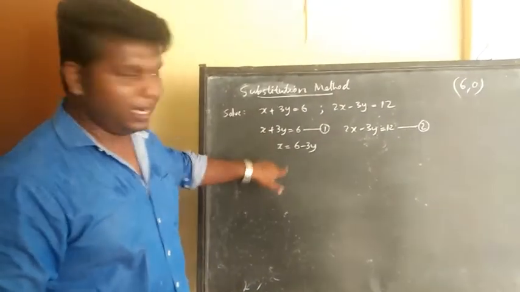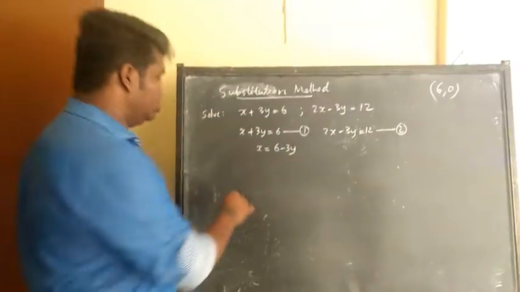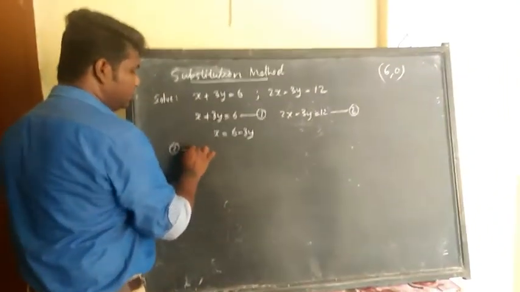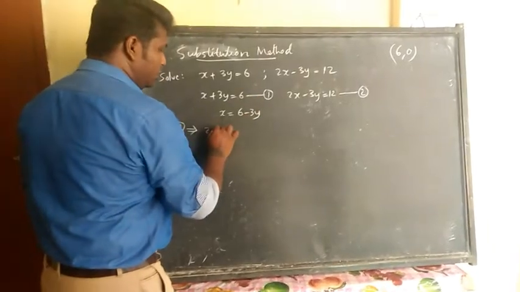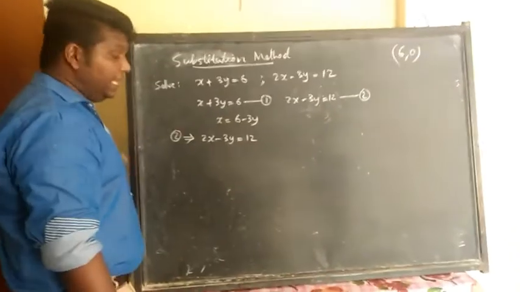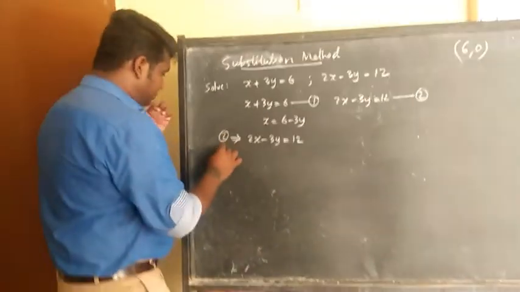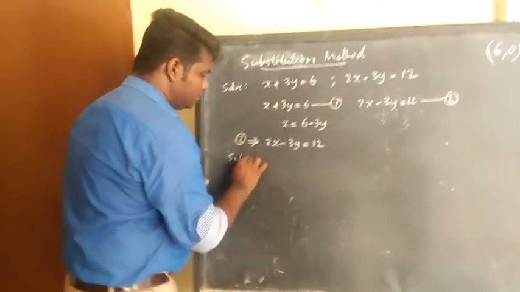After this, इधर का जो भी वैल्यू जो आपको मिला है, ये वैल्यू इक्वेशन नंबर 2 का अंदर डालिएगा. So equation number 2, what is equation number 2? 2x minus 3y is equal to 12. Inside this equation, substitute the value of x.